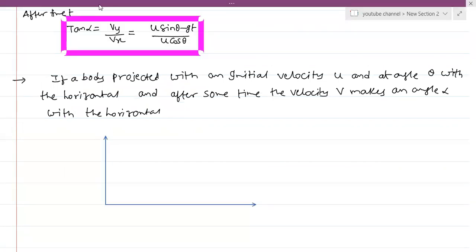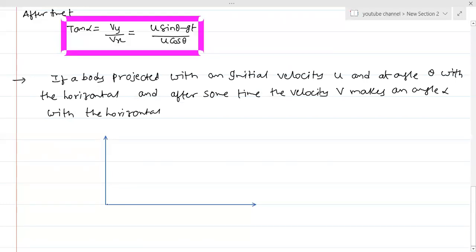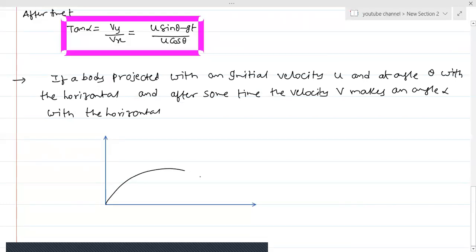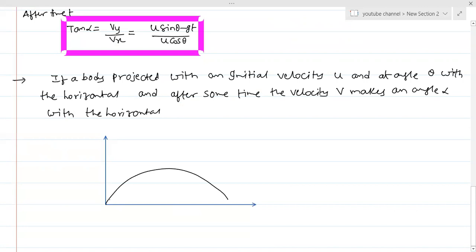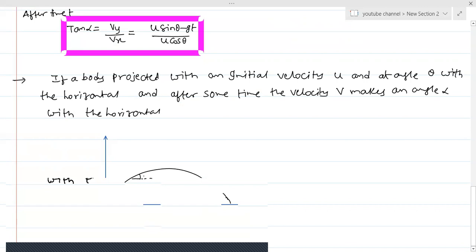For example, I am taking an oblique projectile here. Initially it is at an angle theta and the velocity is u. After some time, let us imagine the body is here. Now it makes an angle alpha, and this will be the velocity.